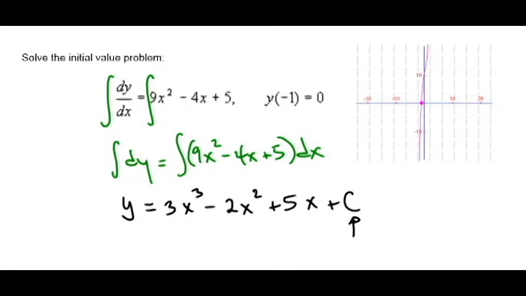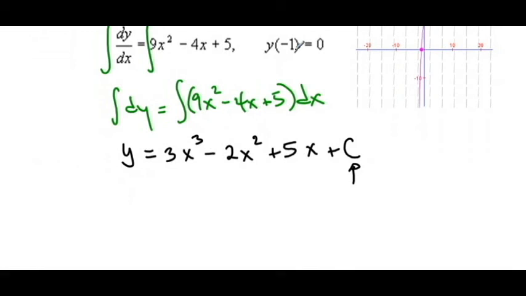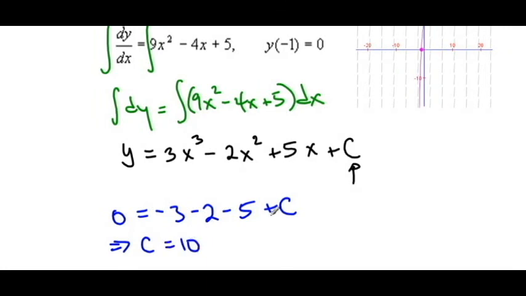But how can I figure this out? Well, I can plug in my point, -1, 0. So we have 0 is equal to -3 minus 2 minus 5 plus c. -3 minus 2 minus 5 is -10. Add 10 to both sides, and this yields that c is equal to 10, as we thought it would be.